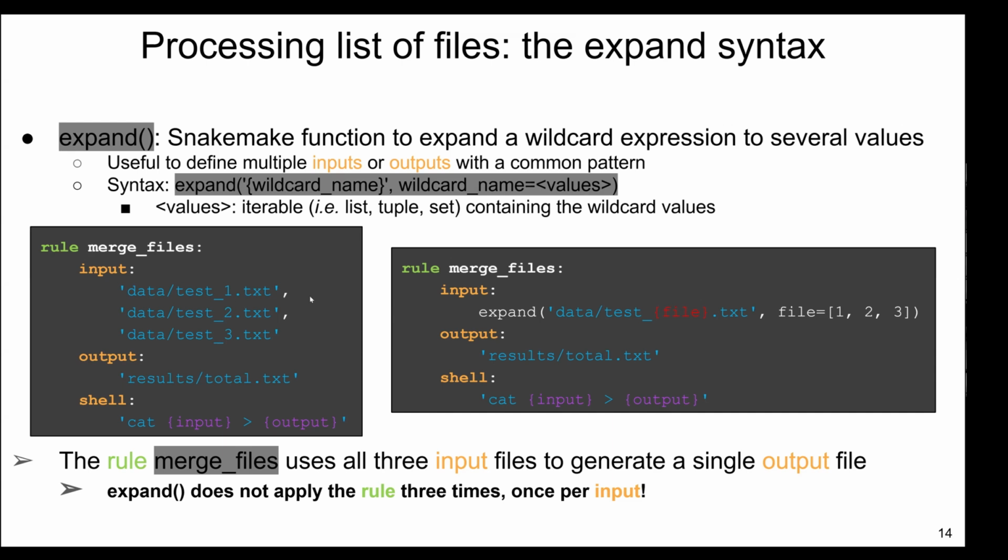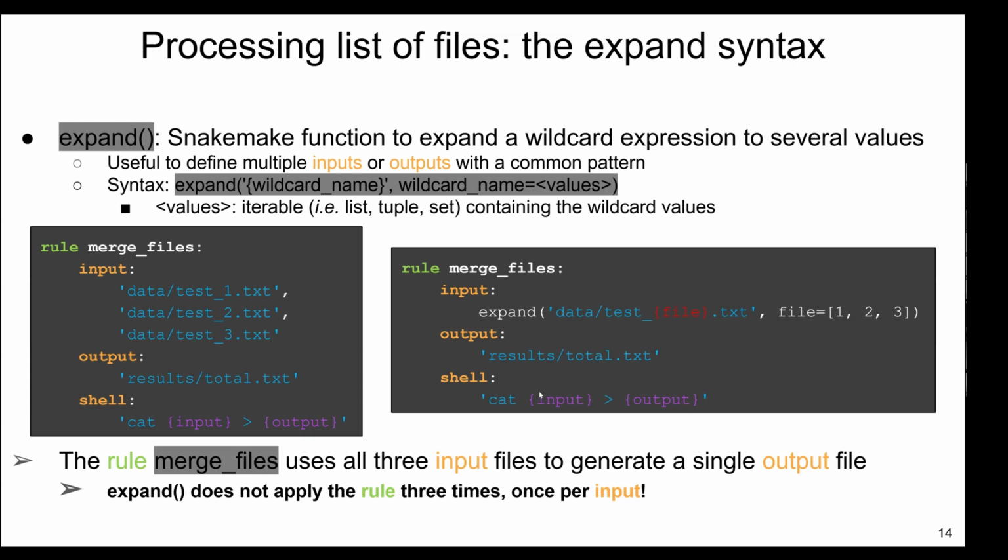To show you a small example, on the left here, this rule merge files will take 3 inputs, test 1, 2, and 3, and concatenate them into a single output, result/total.txt. A way to simplify this using expand is to use this syntax, with file as a wildcard, and the wildcard can take the values 1, 2, and 3.